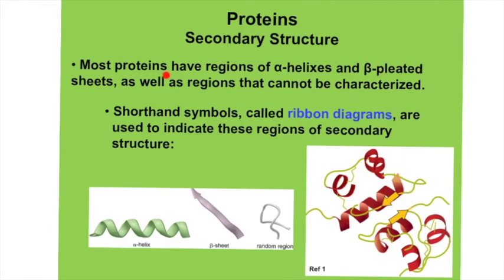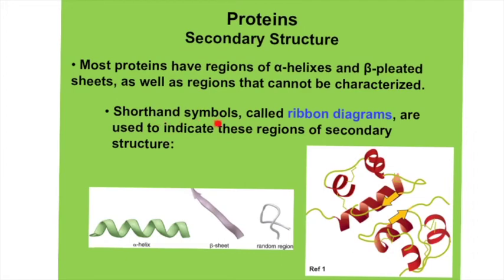Okay, so most proteins have alpha helices and beta pleated sheets, as well as regions that are not well organized or not characterized. We call those loop regions. See these little wire stems? A lot of times those are loop regions or disordered regions.